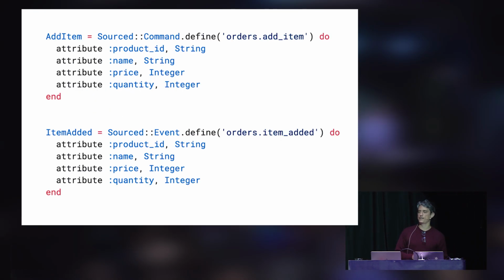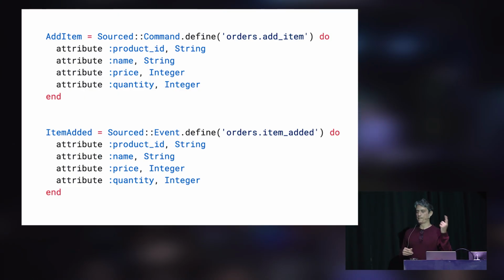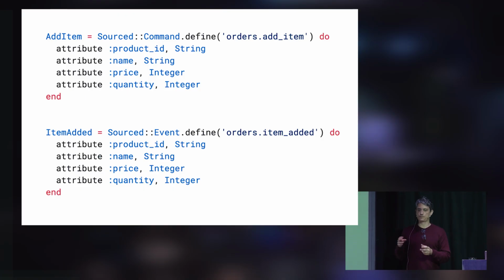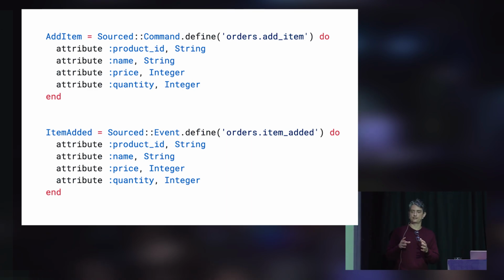Next, I'm going to define the pair of commands and events that describe an entire slice of functionality, how to add a product to an order, right? This is basically a tiny protocol of the features that you're offering to your users. So first is the command, and these are just data structs.